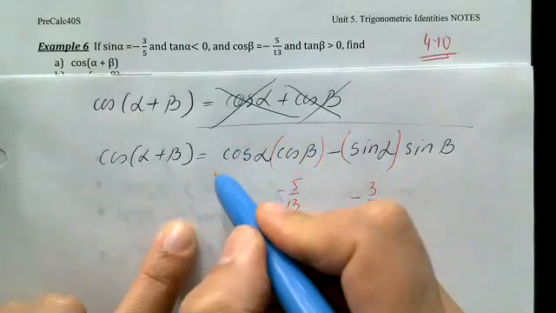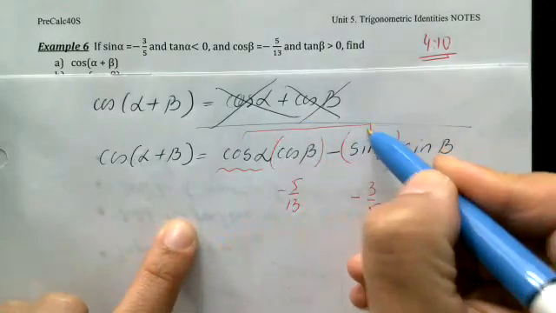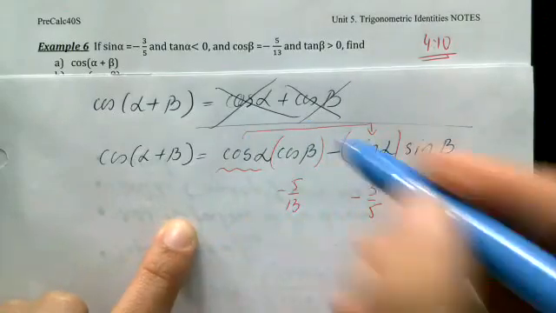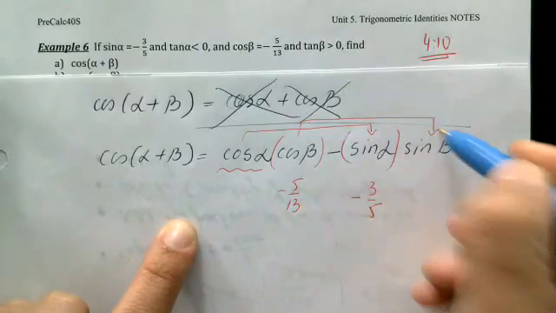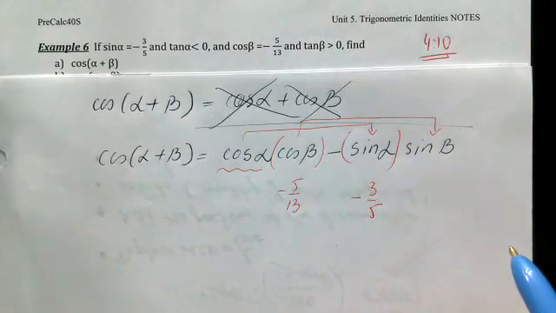What I don't know is cosine of alpha, and I don't know what sine of beta is. So these questions are very similar to the ones that we've done in Unit 4, but this time you have two different angles that are part of the question, right? In Unit 4, you only had one angle, and you asked to find the value of another function for that same angle.